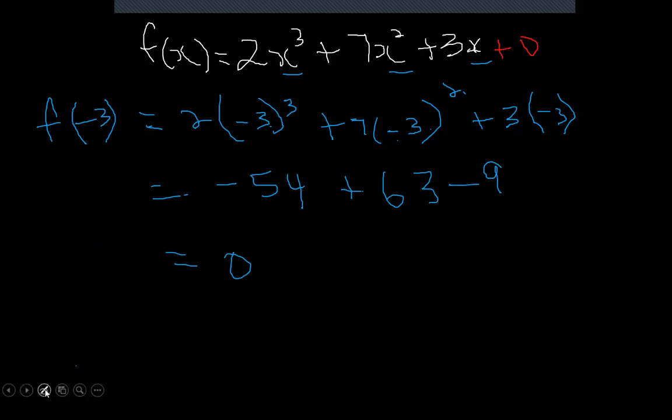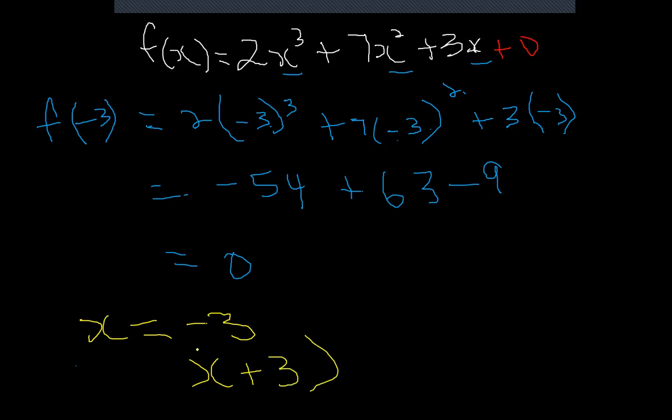So what does that mean for me? Well, since when x is equal to minus 3 my remainder is 0, that means my factor is x plus 3. And this is the factor I would be using for my long division.